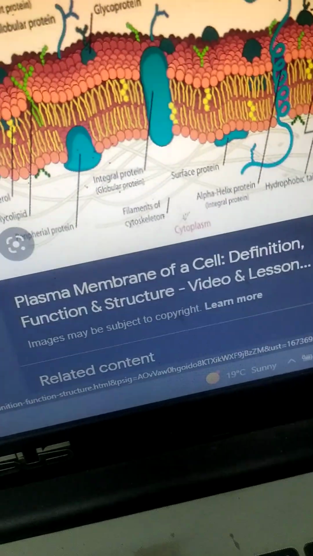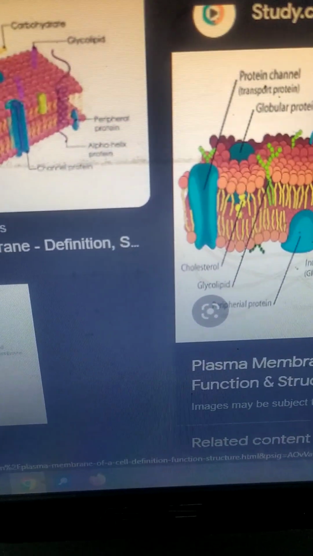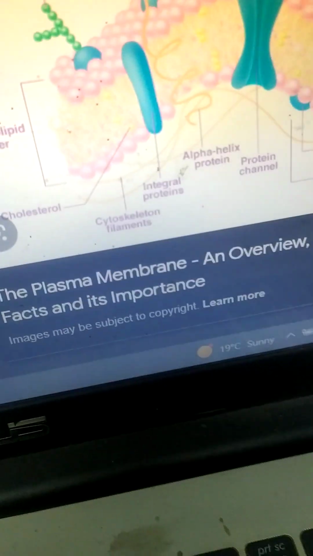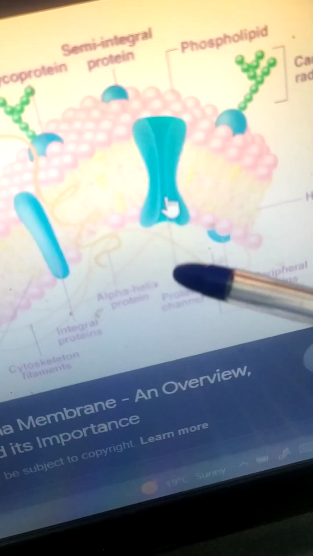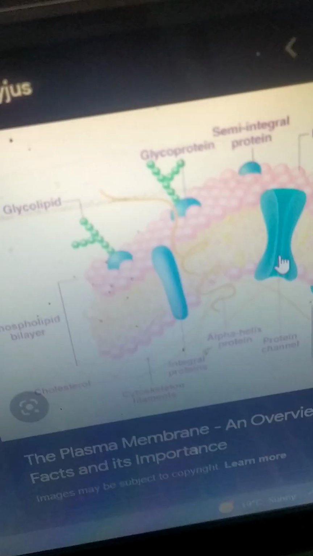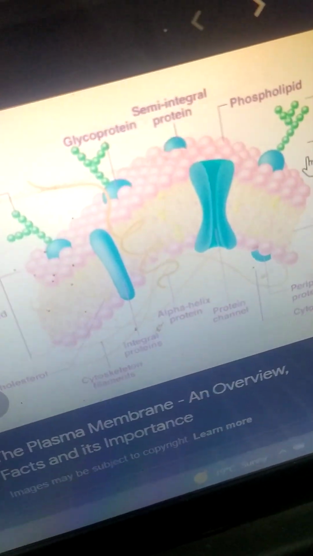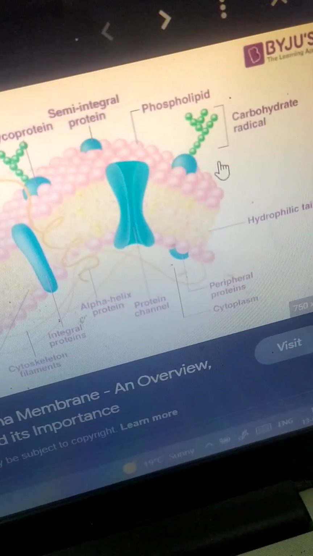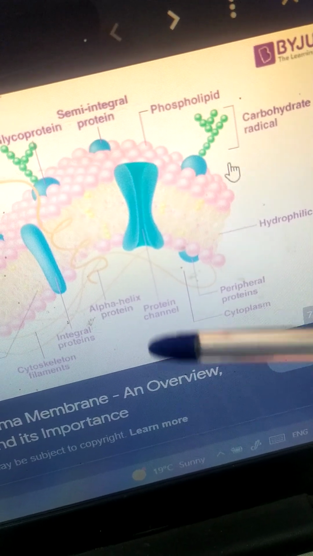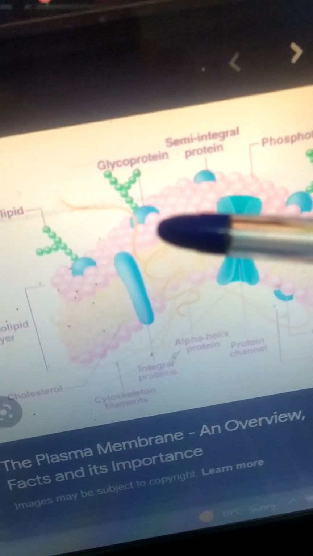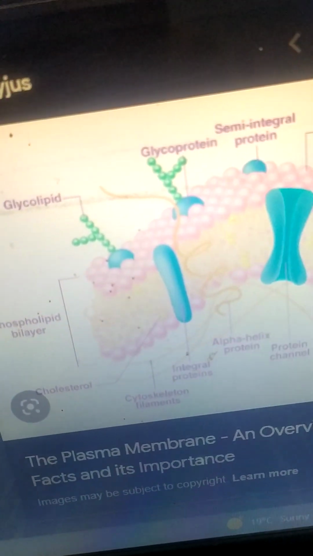And proteins can also make channels. You can see the diagram here. Protein can also make the channels, protein channel, so that water can easily pass through it. This is your plasma membrane diagram.